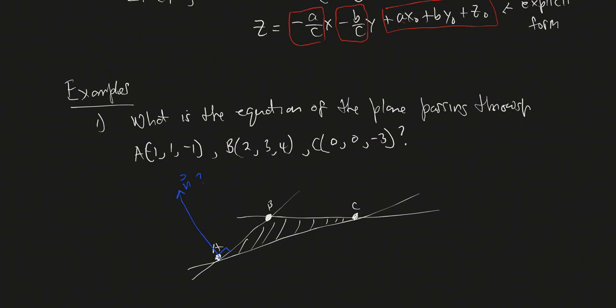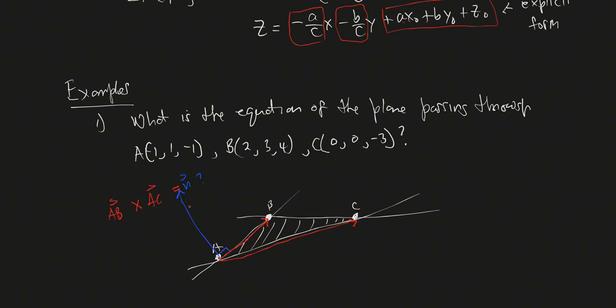Well, the interesting thing is this is a really cool application of the cross product, because I could define two vectors in the plane. I could define the vector that goes from A to B and the vector that goes from A to C. And now, since I have two vectors and I want to find a third vector that is orthogonal to AB and AC, I could say that N is actually equal to the cross product of the vector AB and AC, right?